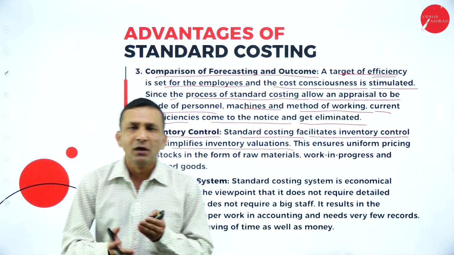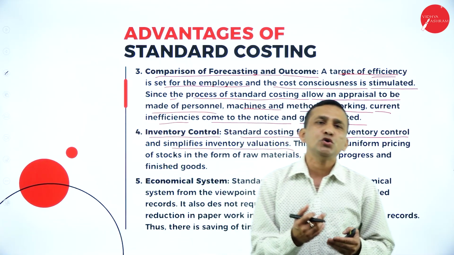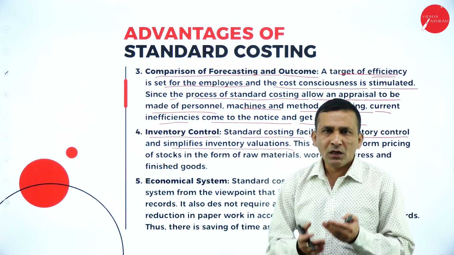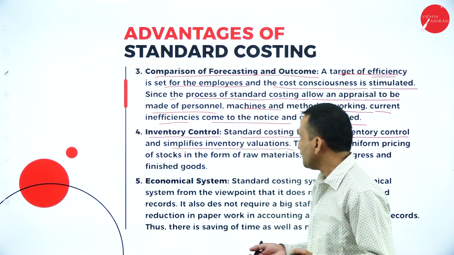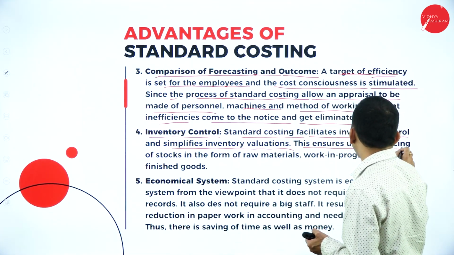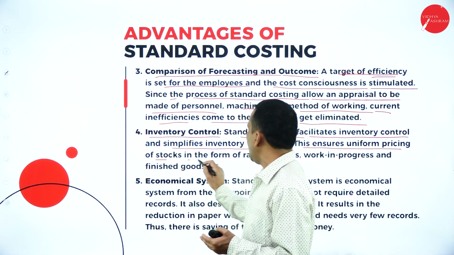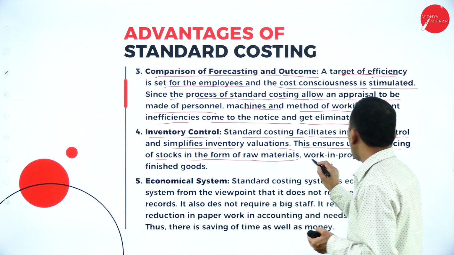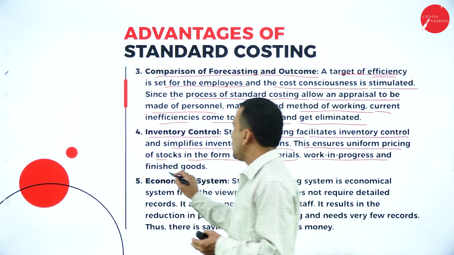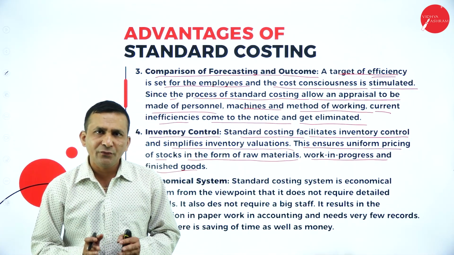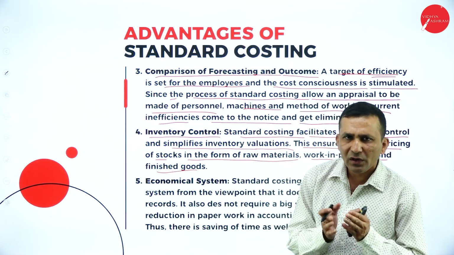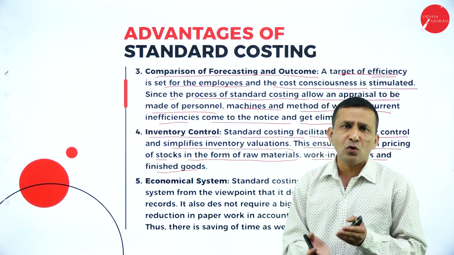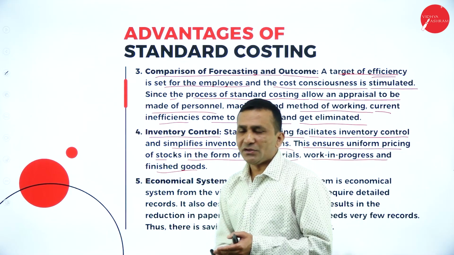So you want to evaluate the stock in a timely manner. If there is a shortage, we place an order with the supplier. This ensures uniform pricing of stock in the form of raw materials, work in progress, and finished goods. This is very important for meeting the demand, the right supply for the right demand. You have to go for evaluating the inventory.